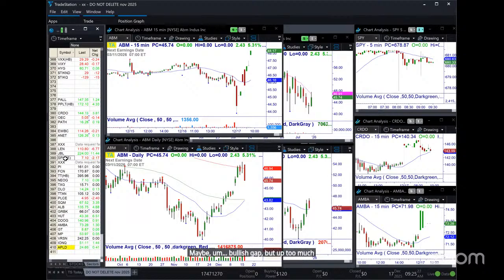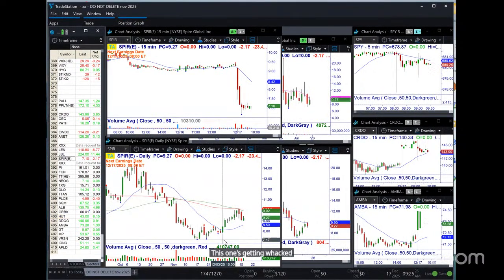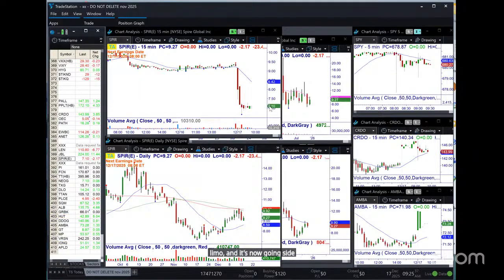I think this one's getting whacked, $7. But no, it's totally stabilized here pre-market. Look, it's now going sideways at $7. I'll keep an eye on that one, and that's it. So no, look how small my interest list is.